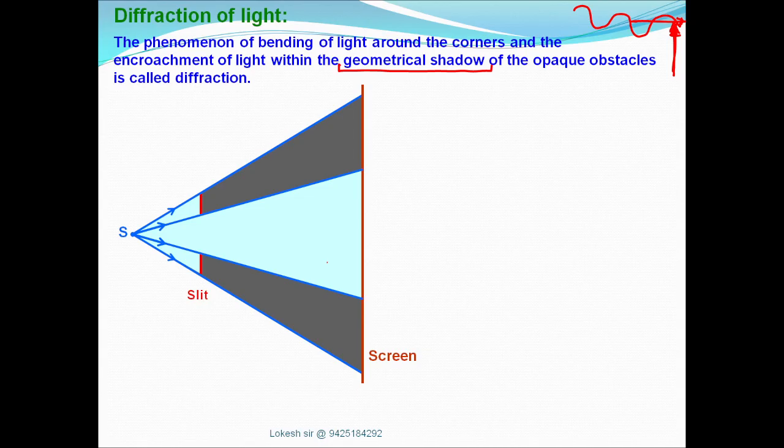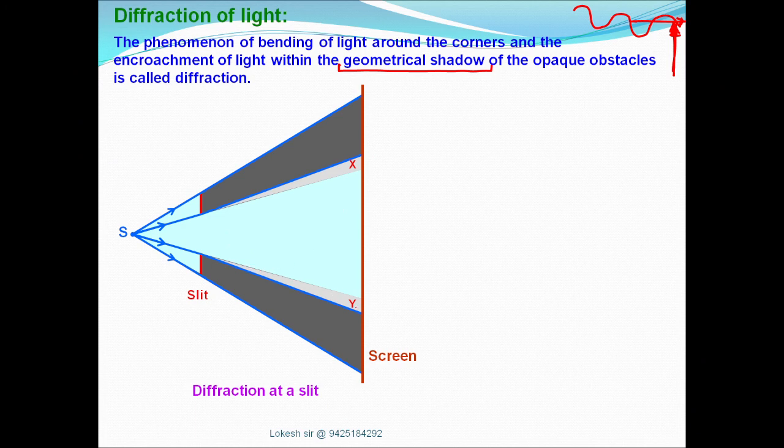Clear? But what is actually happening? This kind of event takes place. Though light is not permitted to enter this black area, even though some light is there, and this is called some type of encroachment of light in the shadow area. So the light ray covers some of the area.